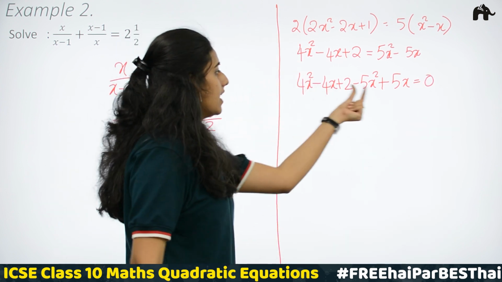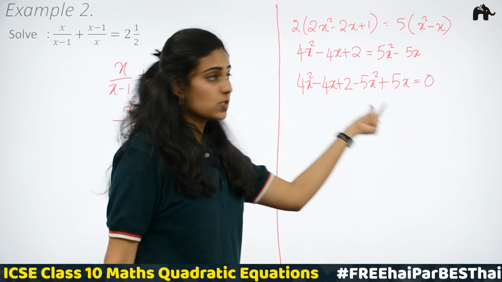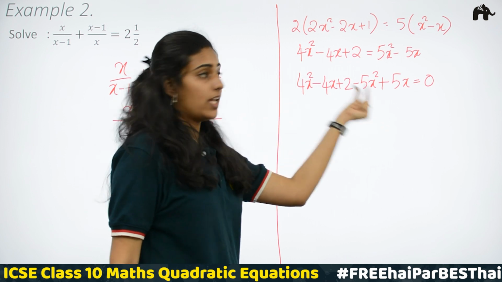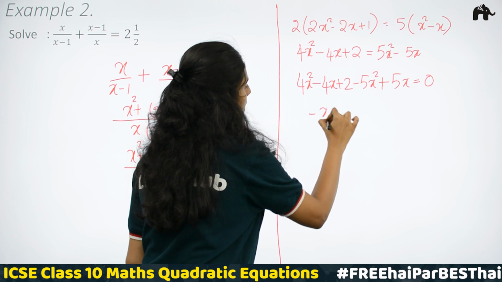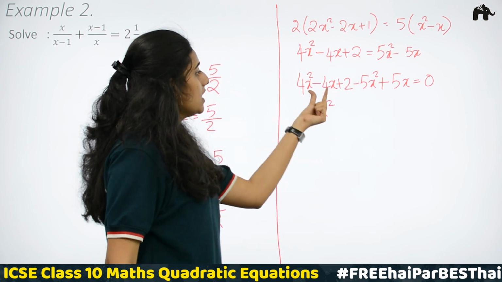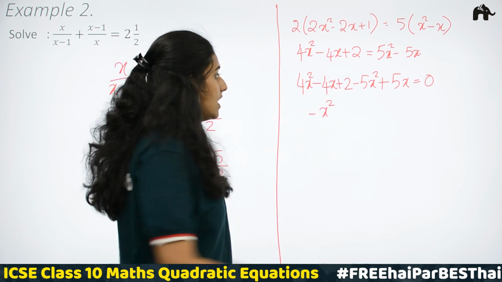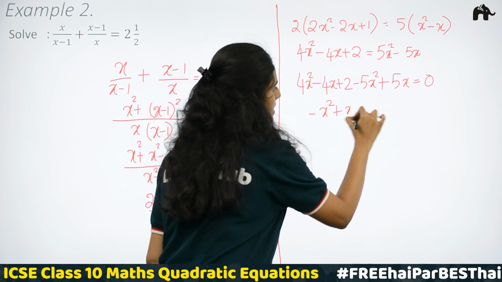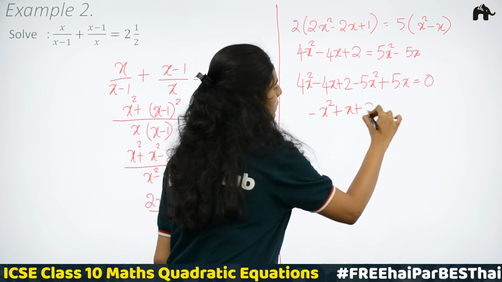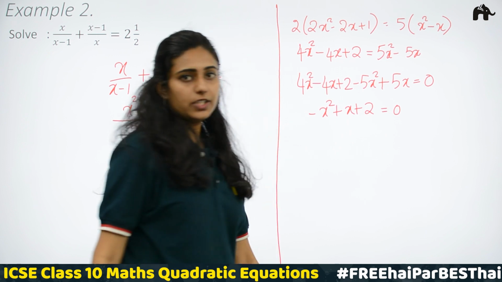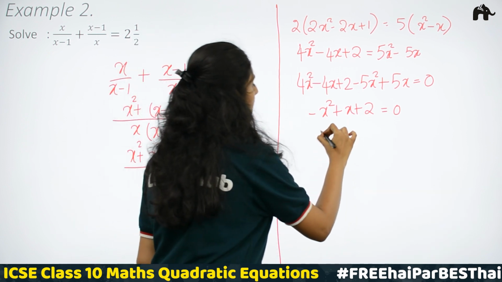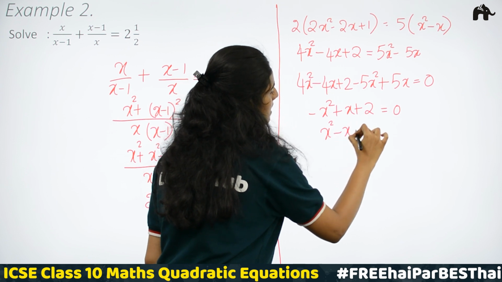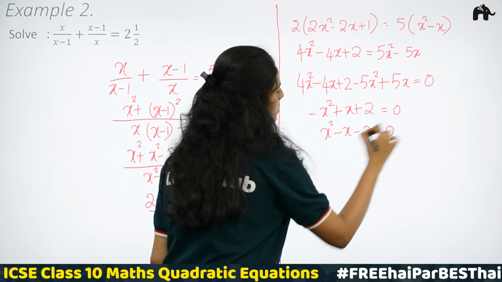Okay. x square containing terms, we have two terms containing x square, 4x square and minus 5x square. 4x square minus 5x square is minus x square. Minus 4x plus 5x, that is plus x. Then we have a plus 2 is equal to 0. Okay. Now dividing throughout with minus 1, we get x square minus x minus 2 is equal to 0.